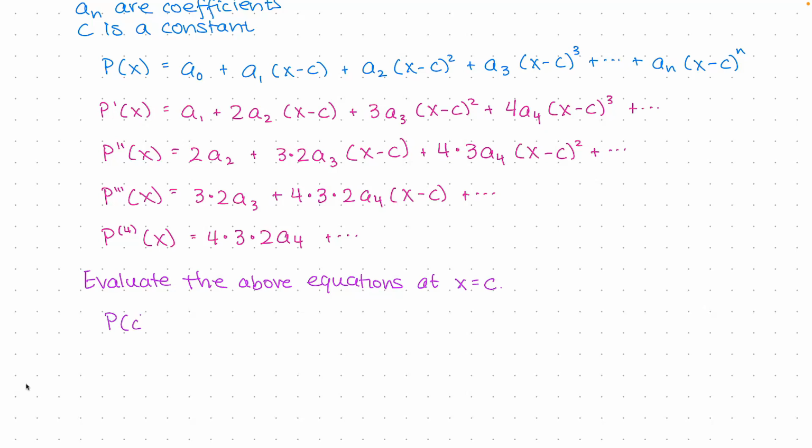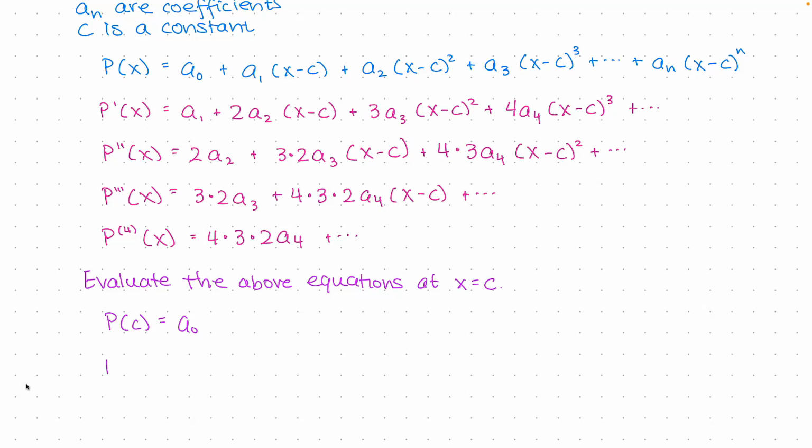So P of c. Oh my God, we have to plug c into all those x's? That's going to take forever. Or is it? Because all those x minus c's, if x equals c, turn into 0, it's just going to be a sub 0.